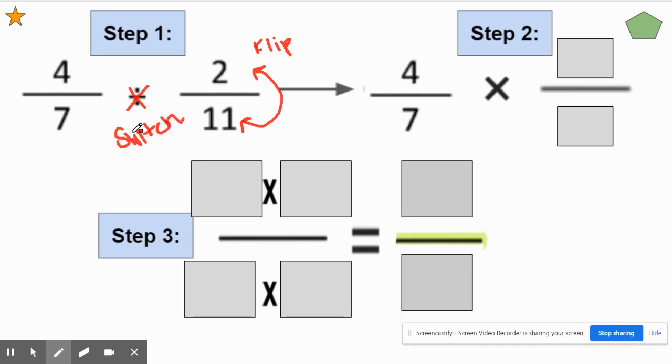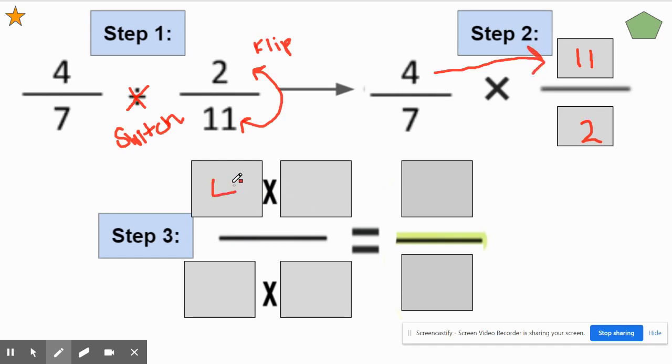Okay? So now instead of 4 over 7 divided by 2 over 11, you're going to be doing 4 over 7 times 11 over 2. And then it's just an easy multiplication problem. You're going to be multiplying across.